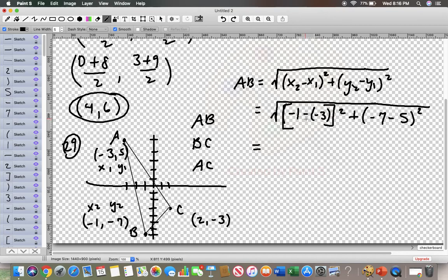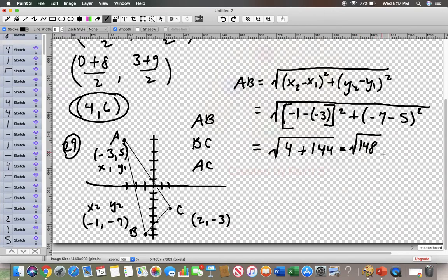Negative 1, negative negative is a positive, so negative 1 plus 3 is 2. 2 squared is 4, plus negative 7 minus 5 is negative 12. Negative 12 squared is 144, so that's the square root of 148, and that will be roughly about 12.2. So AB is about 12.2. That's the distance between these 2 points.